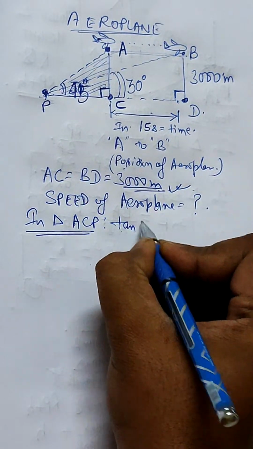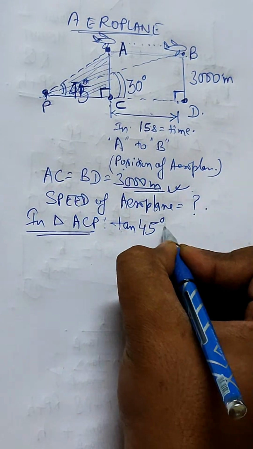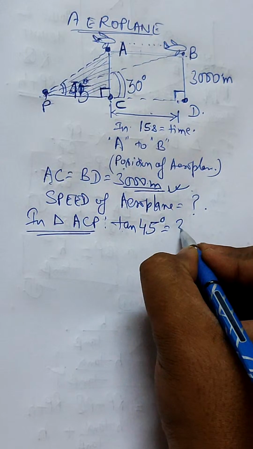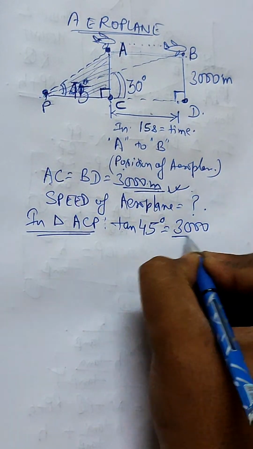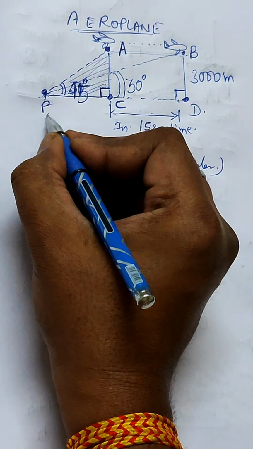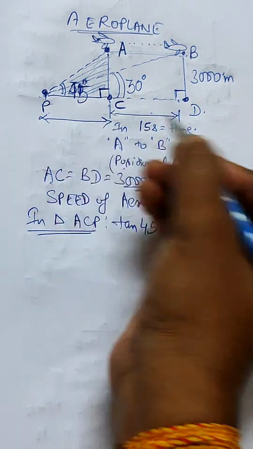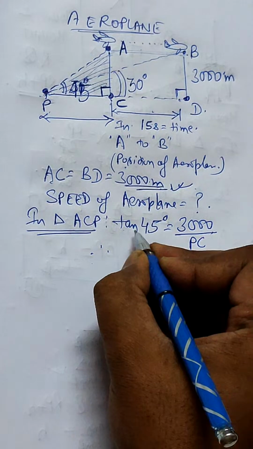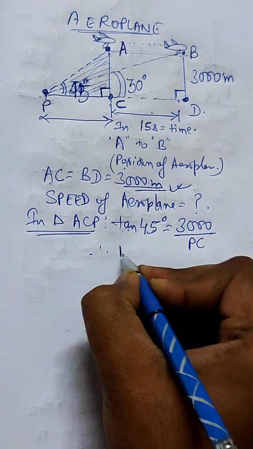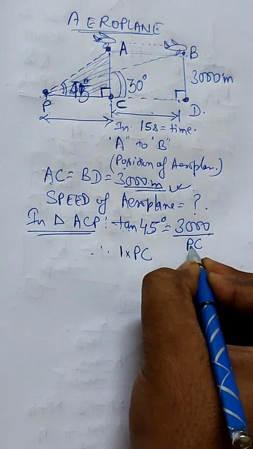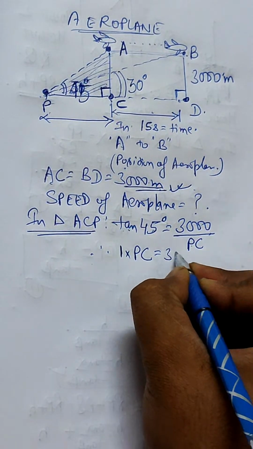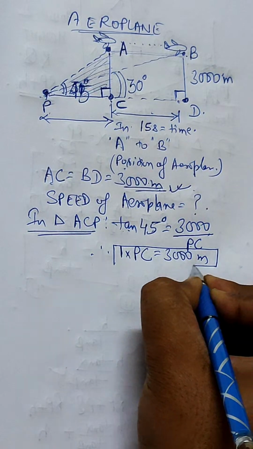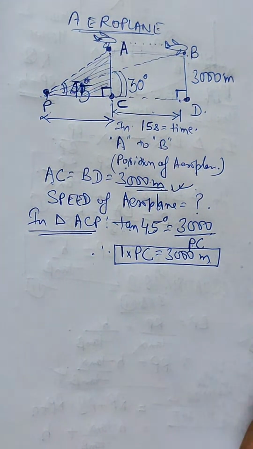We can write tan of 45 degree equal to AC, and you know AC is 3000, so 3000 divided by PC. Since tan 45 is 1, 1 into PC equals 3000 meter. So the length of PC is calculated as 3000 meter, right?